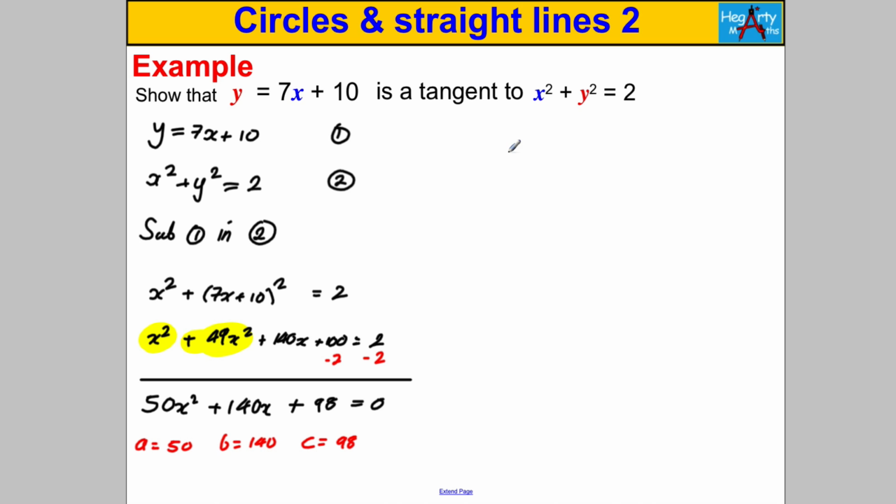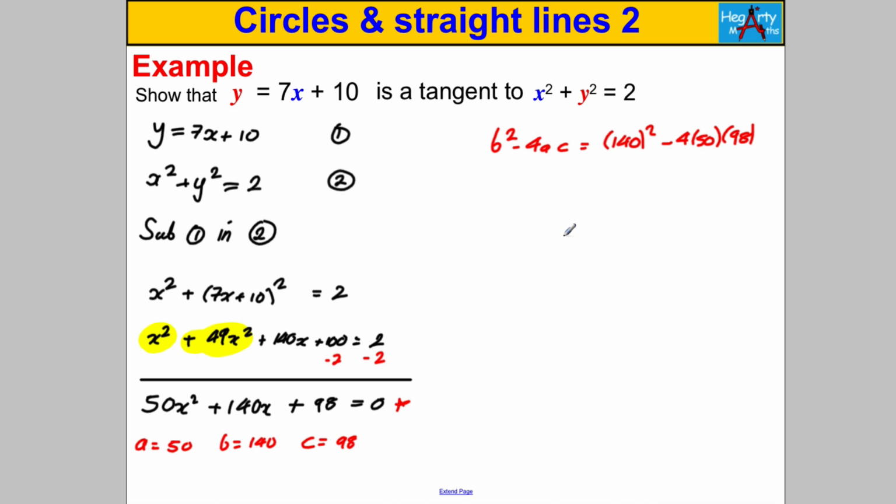And I could work out b squared subtract 4ac, the discriminant of that quadratic, the quadratic that came from this substitution. So let's have a go at doing that. You'd be allowed to use a calculator, so you would say 140 squared, take away 4 multiplied by 50 multiplied by 98.